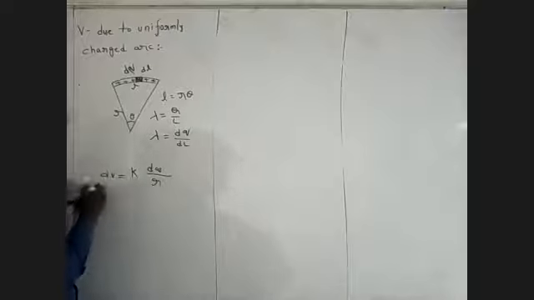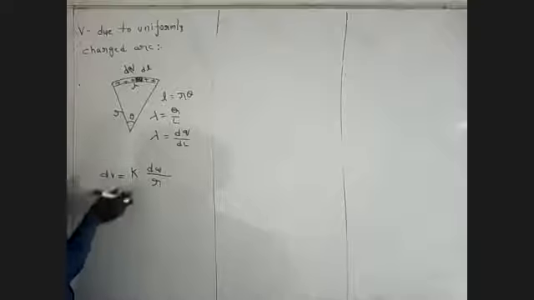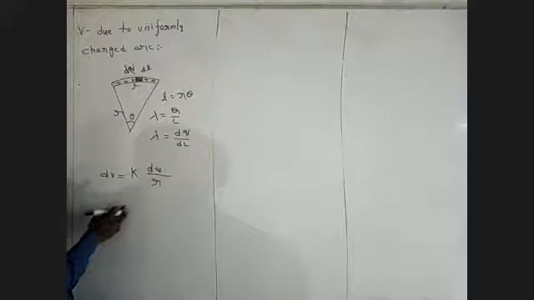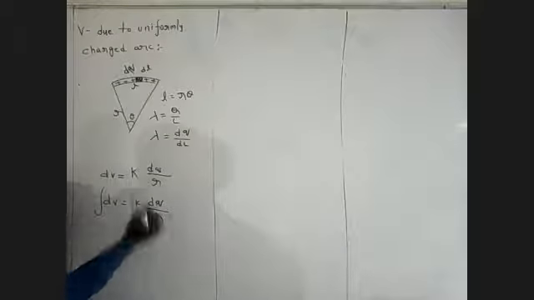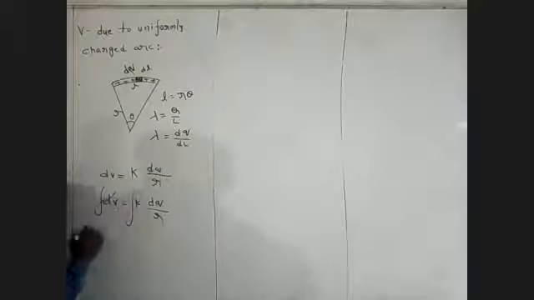We want the total electric potential, so we apply integration on both sides of the equation. Derivative and integration cancel each other.